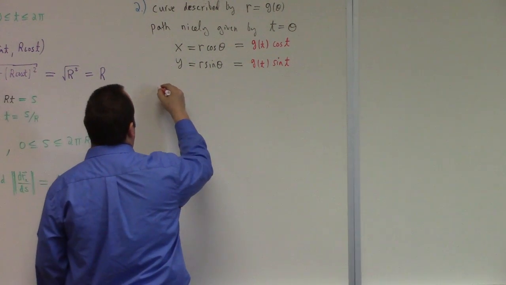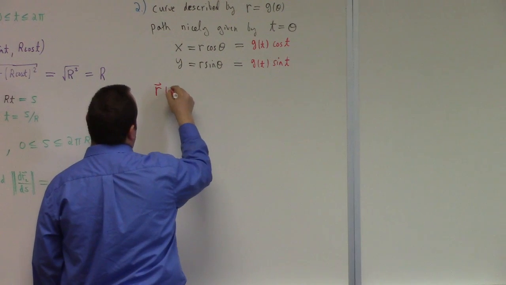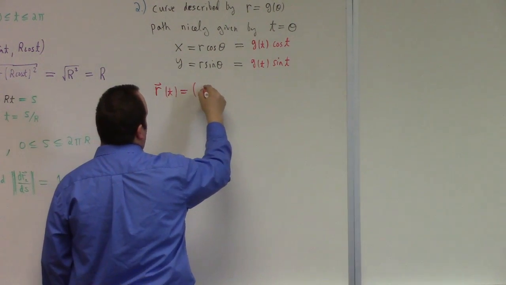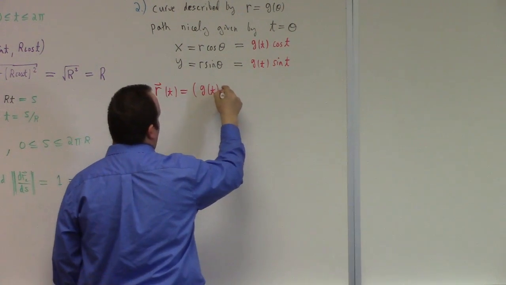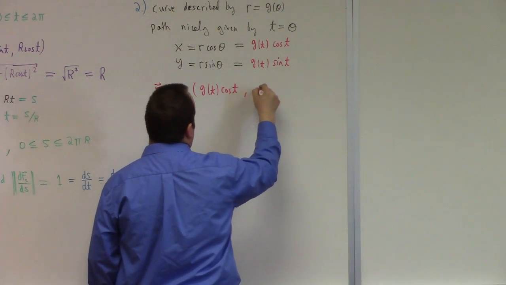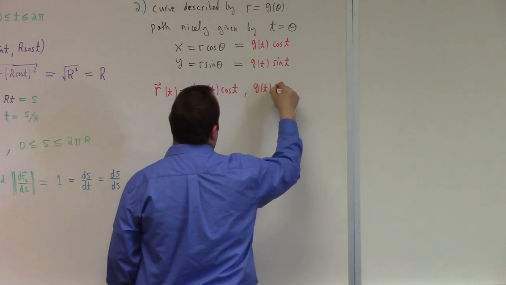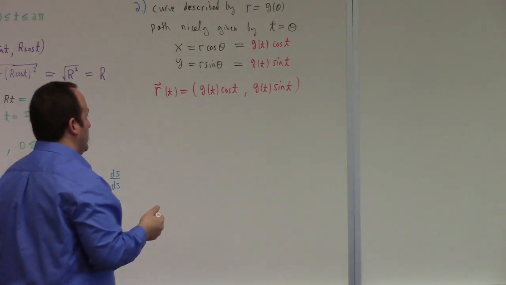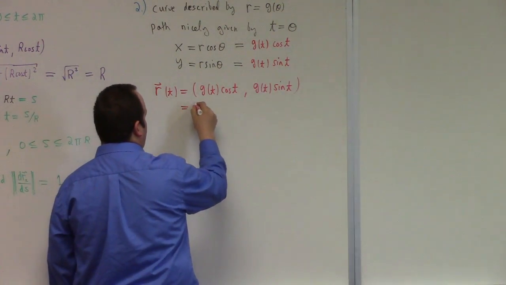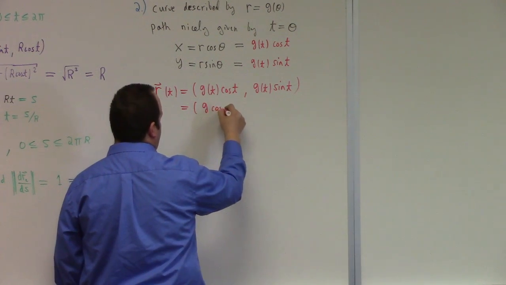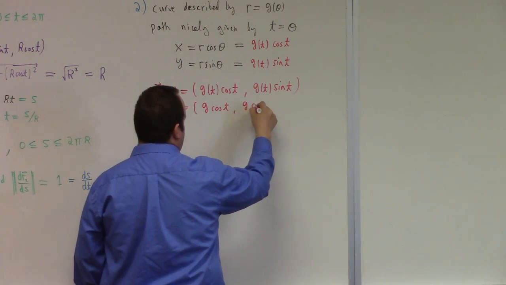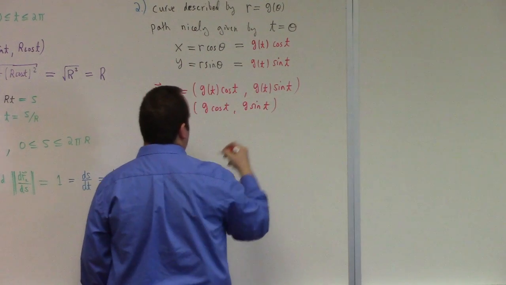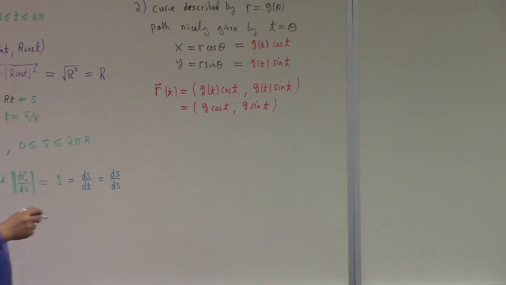And so my path, written as a vector, would be this. If you'll allow me, I'm just going to write g cosine t, g sine t, because the t dependence on g gets kind of old after a while.